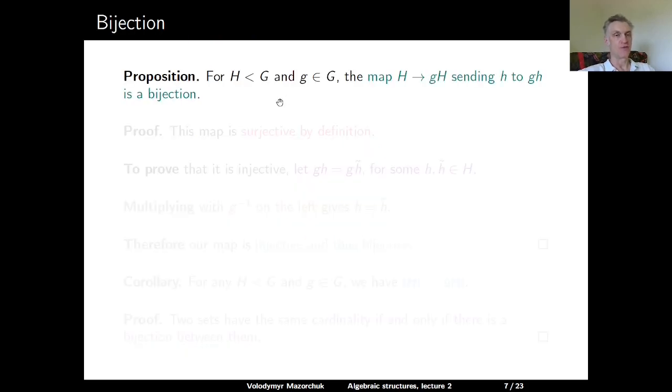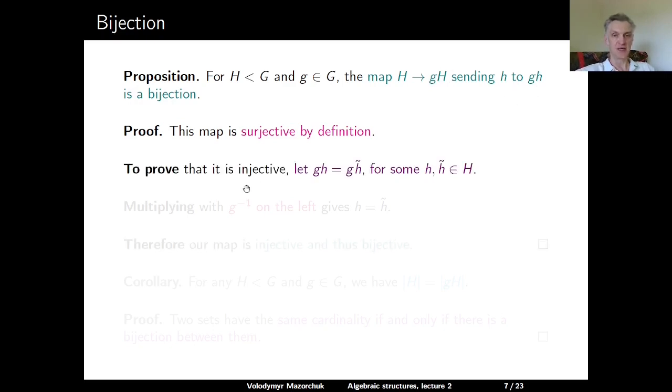Proposition. For any subgroup H of a group G, and for any element g in G, the map from H to the coset gH, which sends the element little h to g times little h, this map is a bijection. Proof. Of course, this map is surjective by definition because g times capital H consists of exactly such elements.